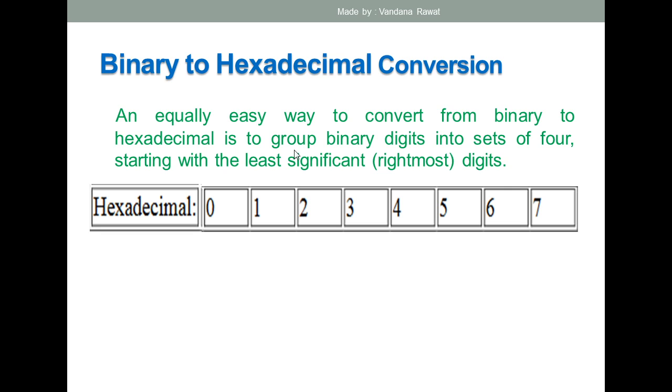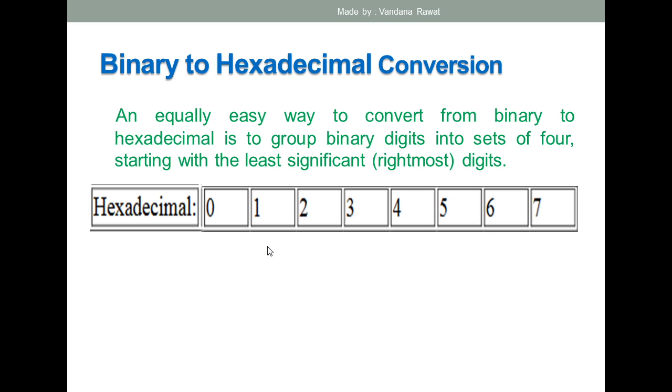This point is important, so you can underline it: in binary to hexadecimal conversion, we have to make groups of binary digits, but into sets of 4. So I am going to show you how we make a table to convert any hexadecimal number into binary.